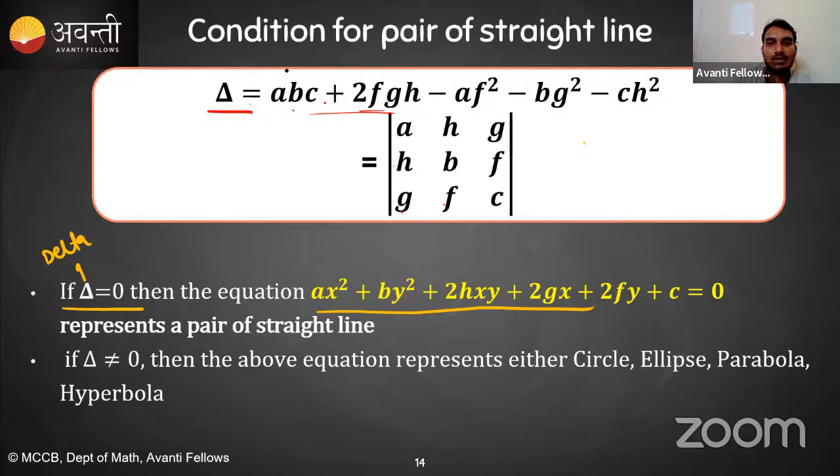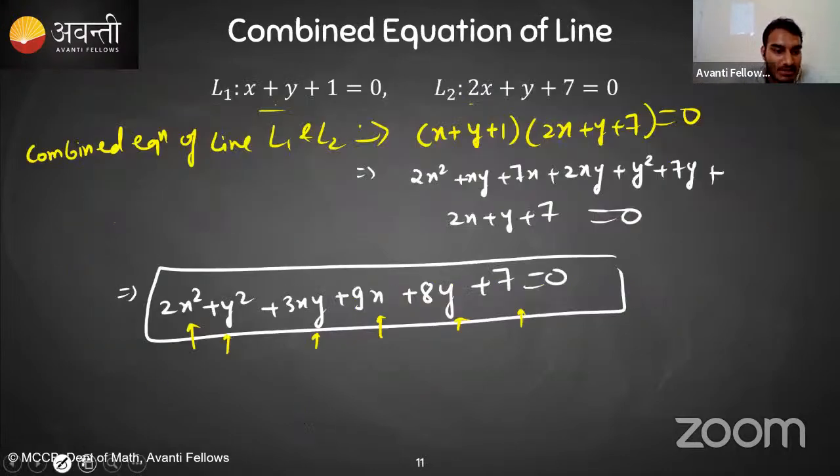Clear? Okay, so quickly, the example that we did at the start, where we found the combined equation, check delta from here. Delta will definitely come 0. Why? Because how did we obtain this equation? By multiplying the equations of two lines, right? Now tell me what is A? Here A is 2. What is B? B is 1. What is H?